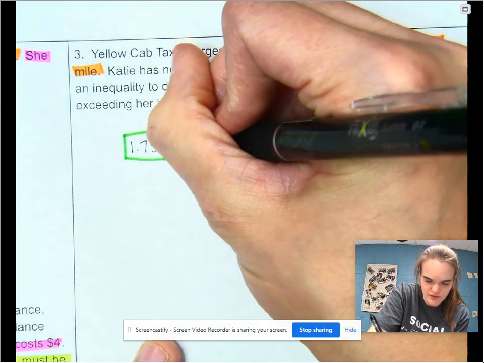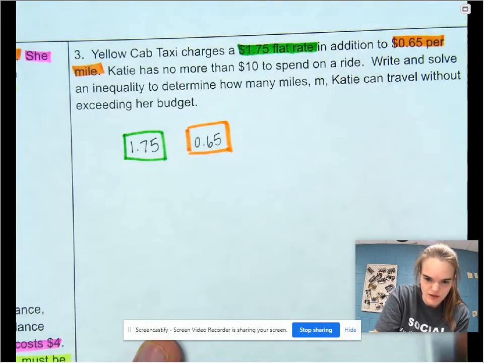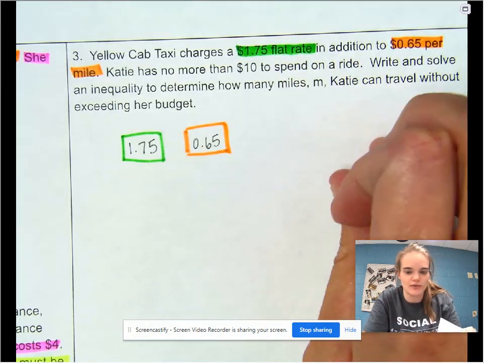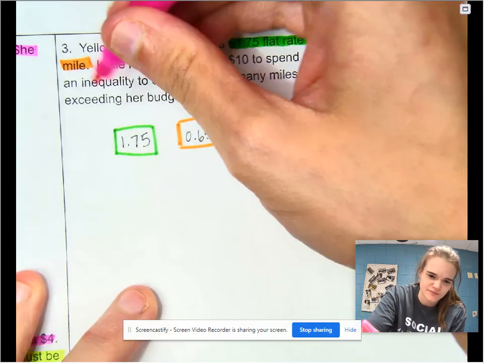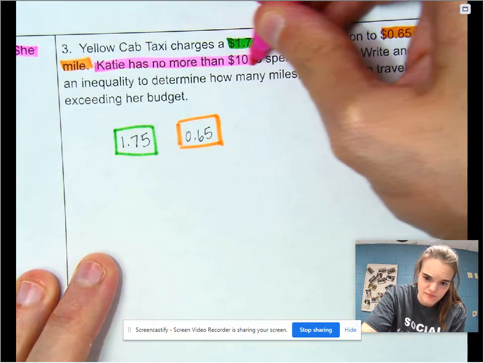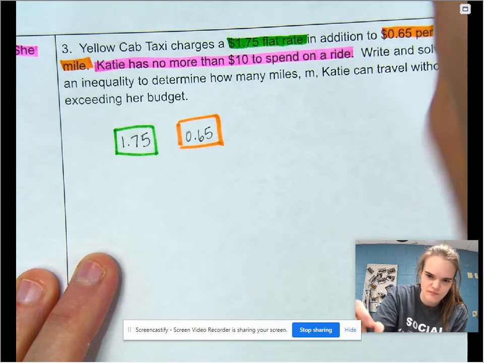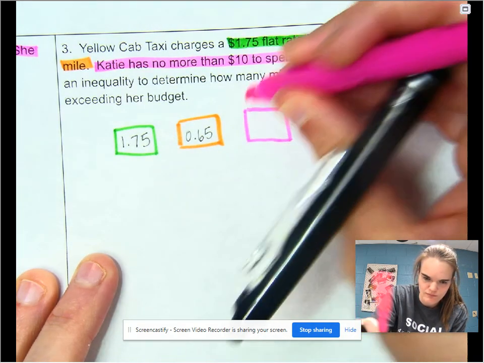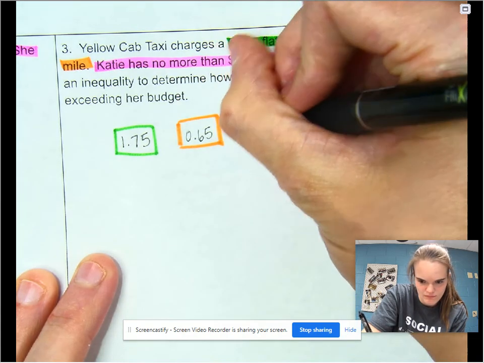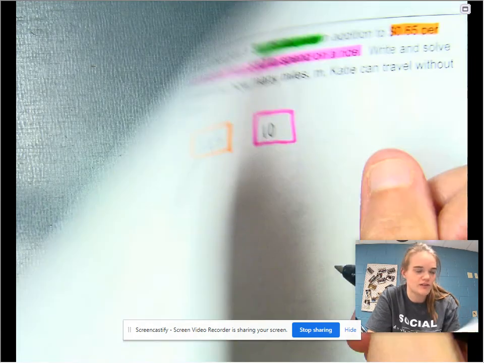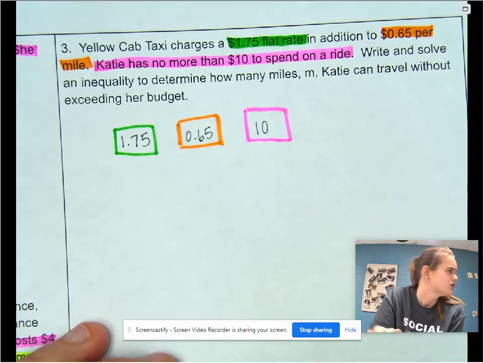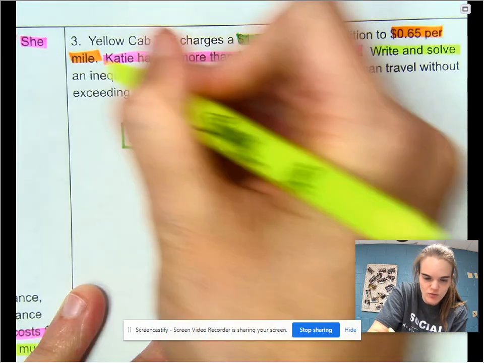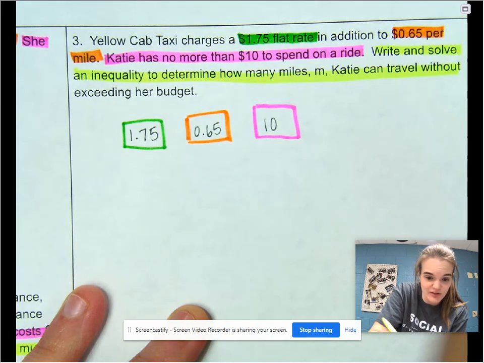Okay. She has no more than $10 to spend on a ride. Write and solve an inequality to determine how many miles M Katie can travel without exceeding her budget.